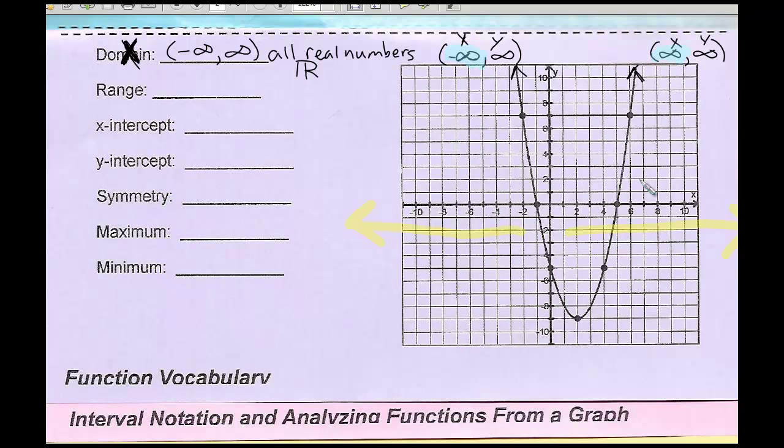Let's look at the range. The range is going from positive infinity, but I need a stopping point. The range is going up and down. So the high point of the graph is positive infinity. The low point of the graph is right here at negative 9.